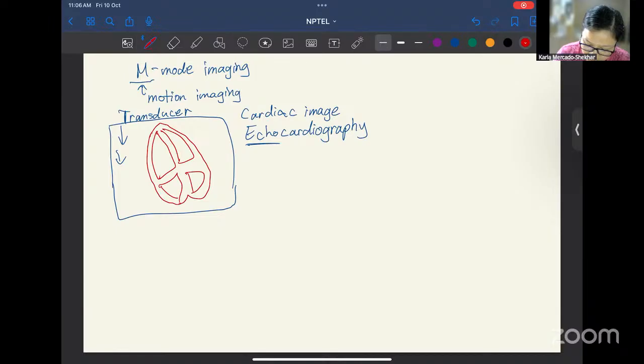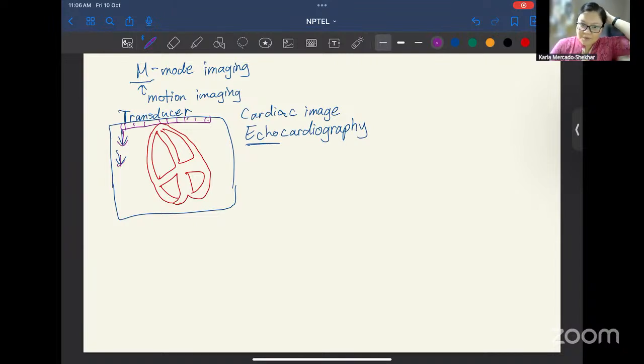What usually happens is your transducer will have multiple elements. Let me just draw it as something like that. Multiple piezoelectric elements, and of course, the sound will be going in this direction, and you see the image because it's coming back.